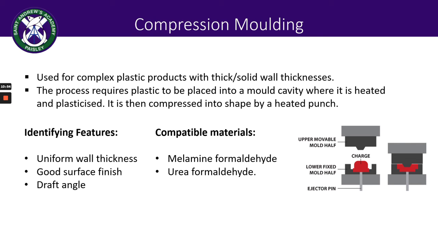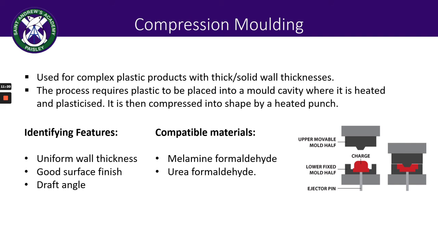So the process requires the plastic to be placed into the mould cavity, and we can see that in the image. That's the red colour. So the plastic's placed in here. It's heated up so it then becomes malleable, and the two parts of the mould are then compressed together. So the two parts are squeezed together, compressed together to create the desired shape.